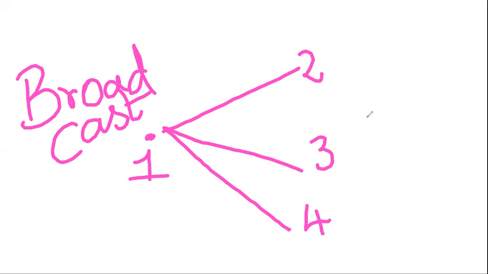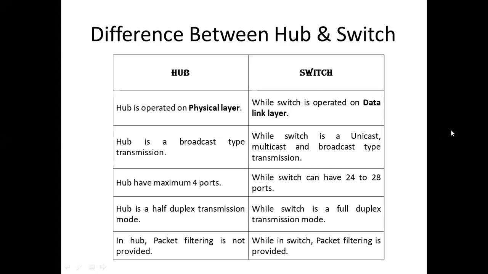Now let us see what is multicast. Multicasting is when one or more senders are involved in the transfer of data to one or more recipients who receive the data. So what is the difference between a broadcast and a multicast?